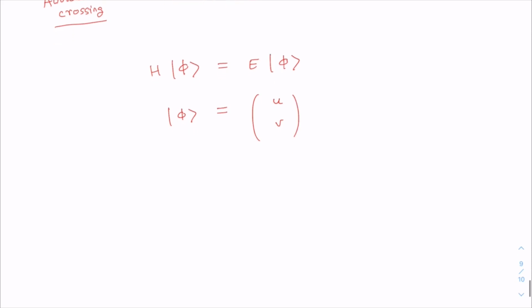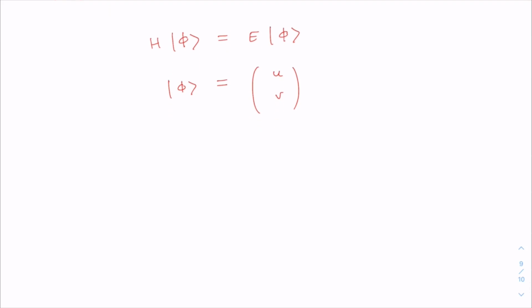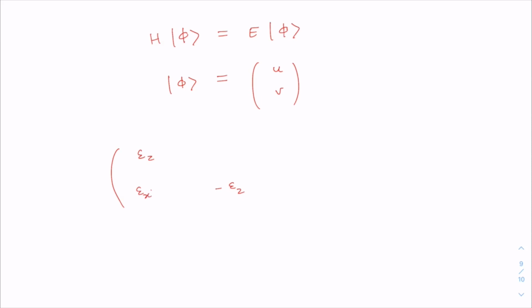Our goal would be to find the elements u and v. Now from the eigenvalue equation, I have (ε_z, ε_x − iε_y; ε_x + iε_y, −ε_z) acting on (u, v) equal to E (u, v).